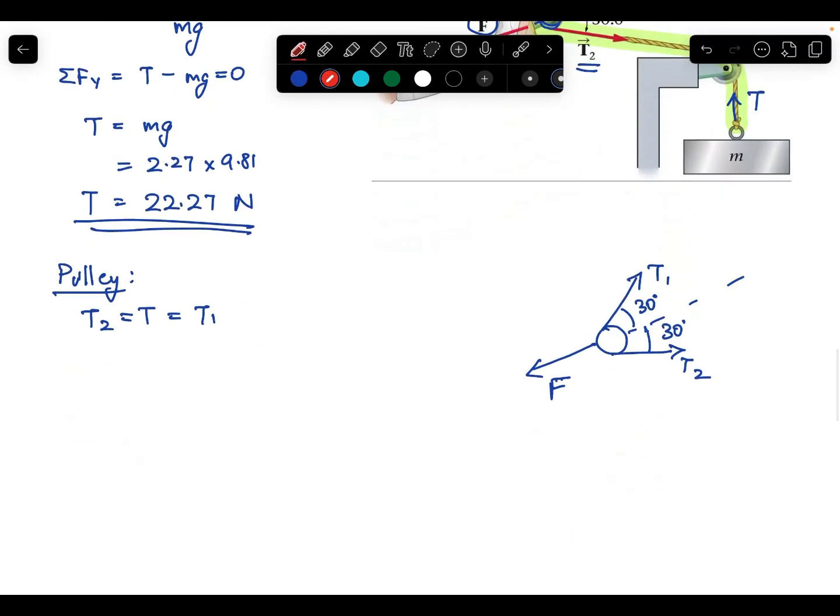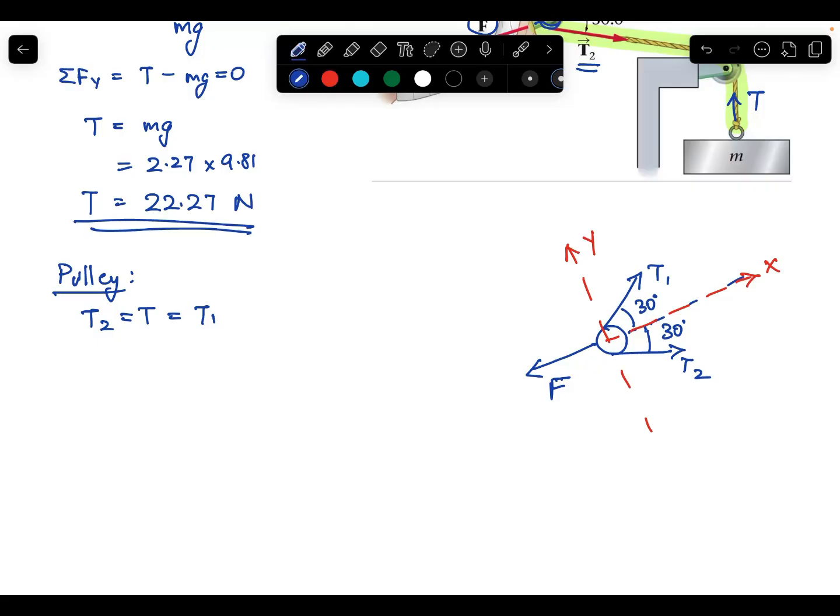So what I will assume is that the axis on which the force F lies is my x direction, and a direction perpendicular to it is the y direction.